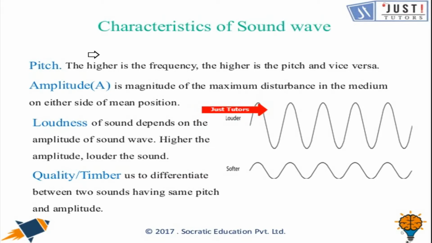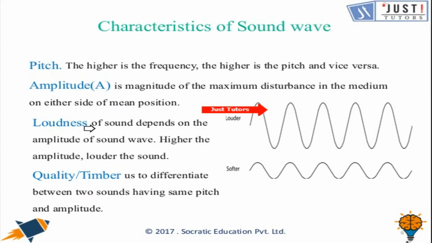In case of sound, it is measured in density or pressure, because we know that when sound is produced by vibration, and when the object vibrates, the particles get compressed or create low pressure. So we measure the amplitude in case of sound in density or pressure.